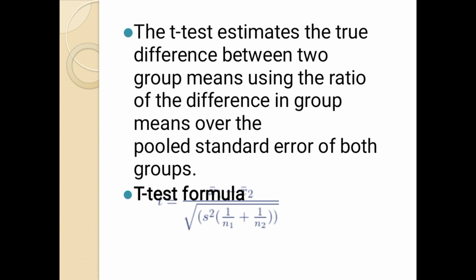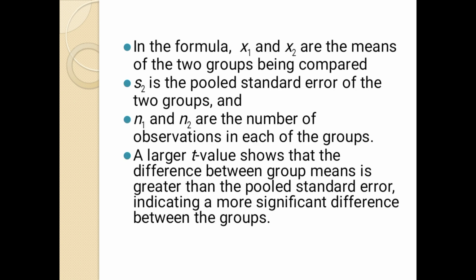In this formula, x1 bar and x2 bar are the means of the two groups being compared, s squared is the variance estimate of the two groups, and n1 and n2 are the number of observations in each group.